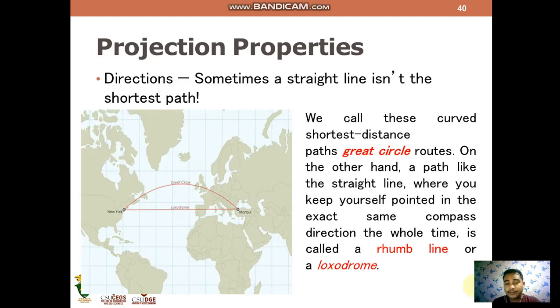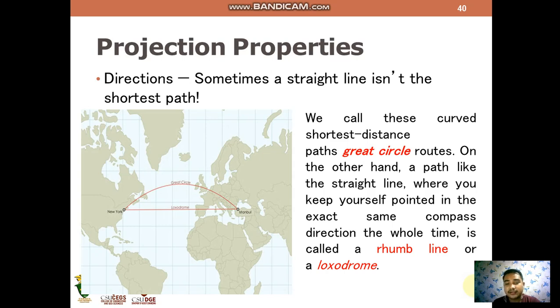Another projection property is direction, the preservation of direction. And sometimes a straight line is not the shortest path. The shortest path between two points on the globe is curved, dili straight.